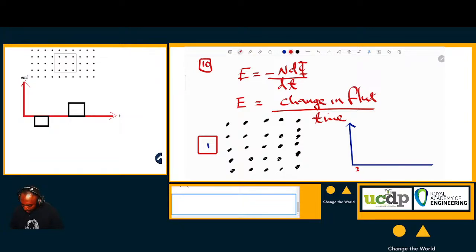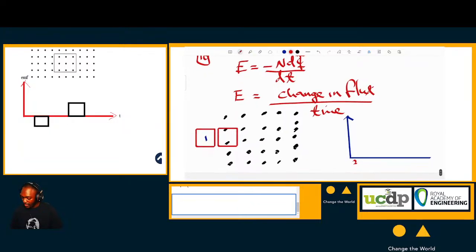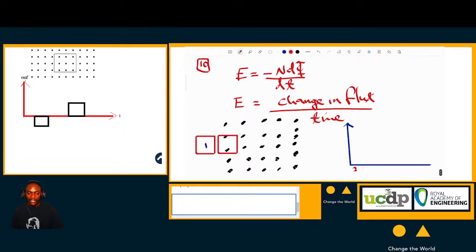But the moment this box moves inside, the flux is going to change, and as it is changing, the flux is actually going to be increasing, right? So remember, for EMF to be induced, there has to be a change in flux.